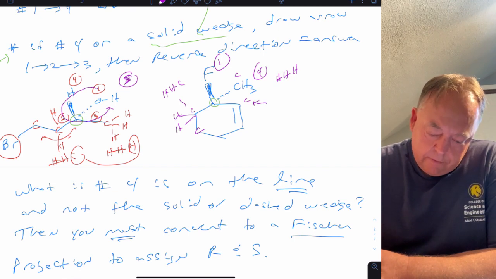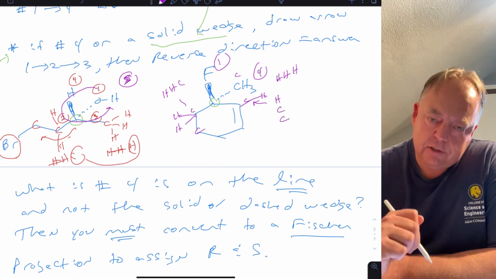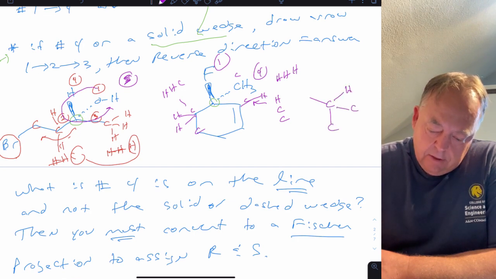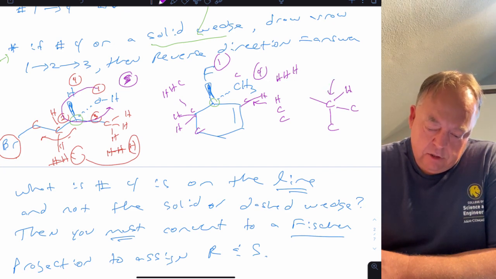And then what is this carbon attached to? Well, it's attached to hydrogen, and then you treat the double bond like 2 single bonds, so it's attached to carbon, carbon, right? So if we expanded that out, we take the double bond and make it 2 single bonds. So that carbon is attached to 2 carbons and a hydrogen.